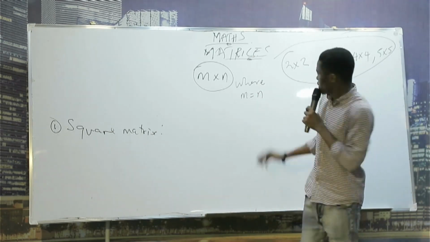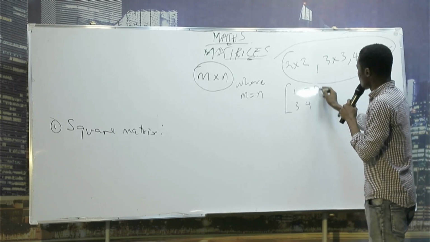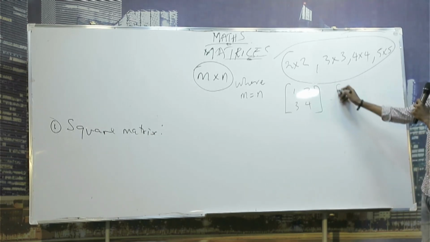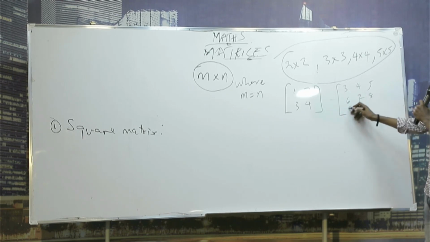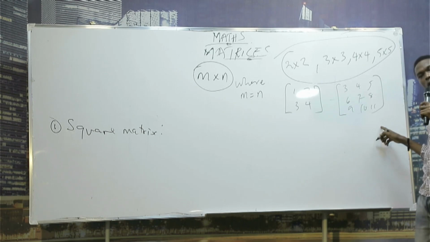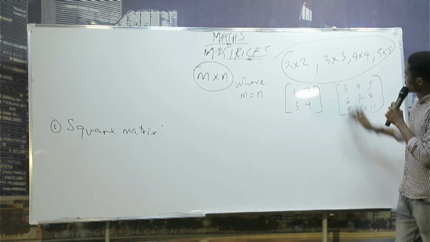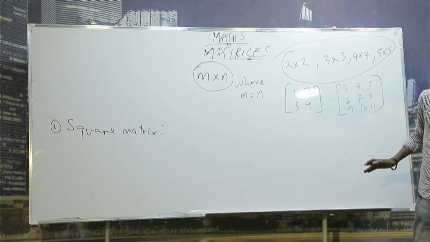Are you with me, class? Diagrammatically, you can see something like this. This is a square matrix, but what is the order? 2 by 2. What about this one? 3 by 3. Is it square? Yes. So a square matrix will have equal rows and equal columns. As simple as that.